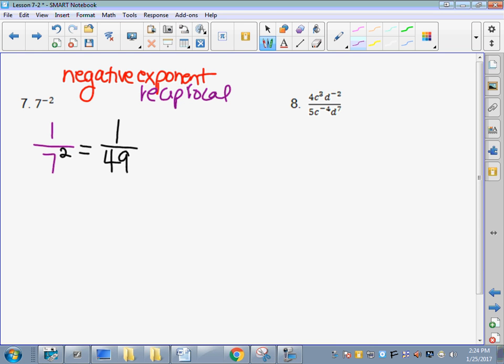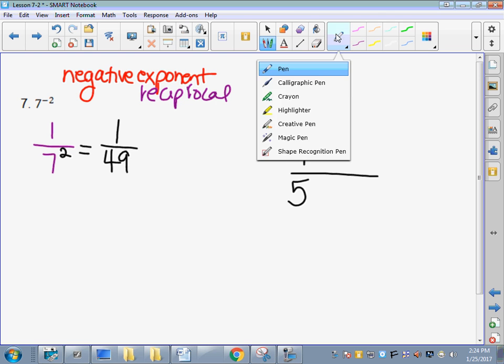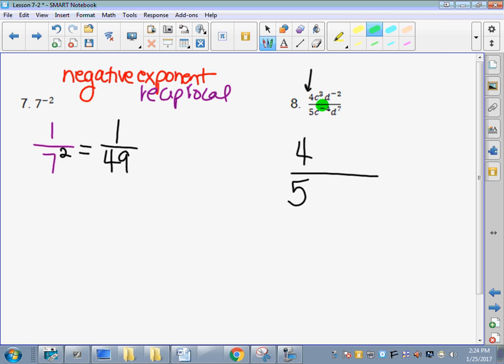So let's look at negatives with more problems. Notice number 8, I've got a 4 over 5. That's just a fraction, right? So I know in my answer I'm going to have a 4 over 5. I've got C's. Notice that bottom C has got a negative on the exponent. So in order to make that C to the negative 4 into a C to the positive 4, what am I going to have to do?